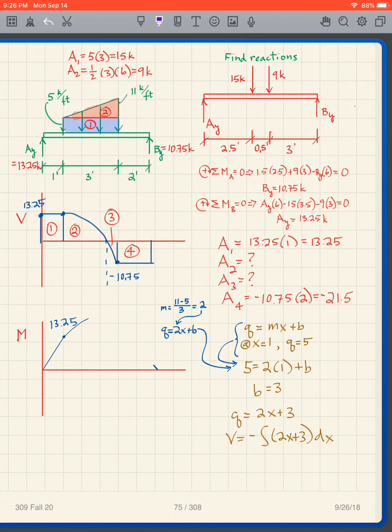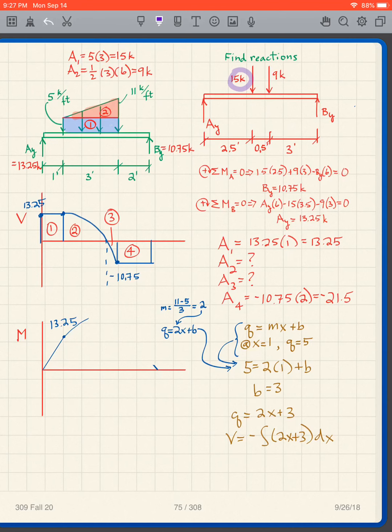So that's 15 kips, that's 9 kips. I can put them onto my free body diagram here. I use the 1/3, 2/3 rule, so I'm not going to go through that, but you should be able to locate these properly in here.